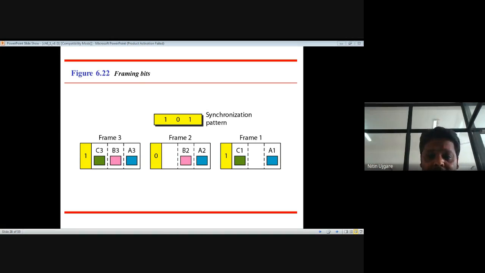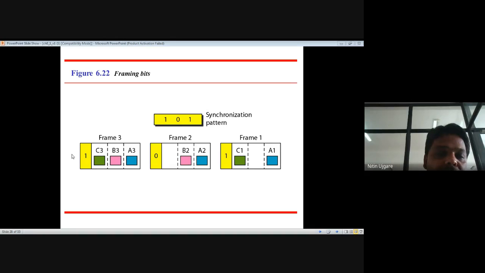So in this figure, you can see the framing bits are added to each frame. The synchronization bit 1 is added in this frame. The synchronization bit 0 is added in the next frame, and synchronization bit 1 is added in the third frame. The same pattern will be followed for the next frames.